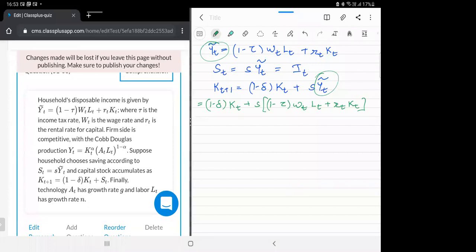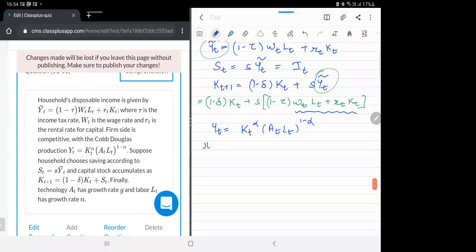Furthermore, it's given to me that my production function is Y_t = K_t^α (A_t L_t)^(1−α). So from this I know that I need to replace this thing here, w_t L_t + r_t K_t.